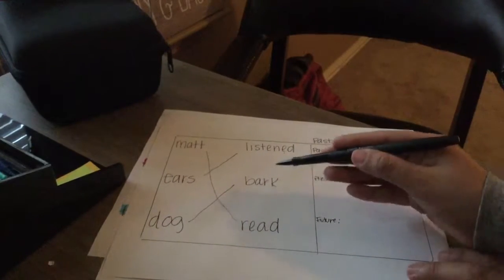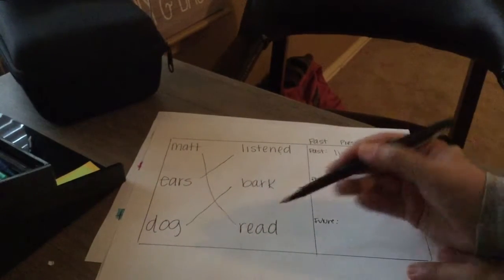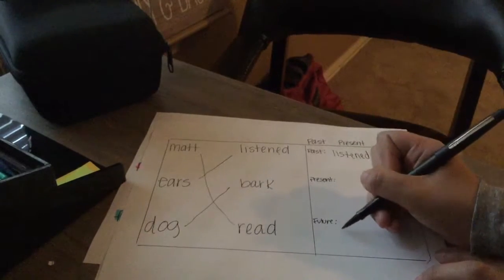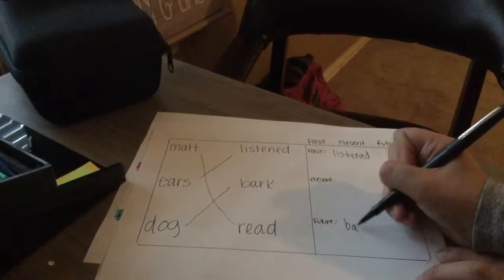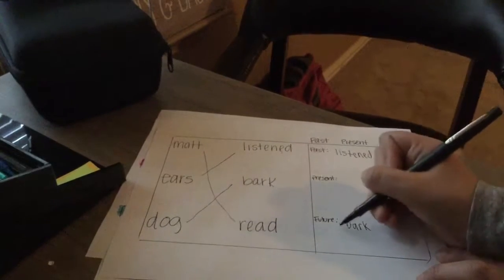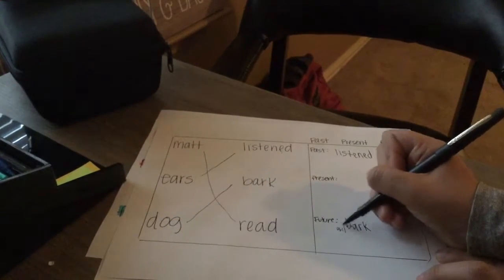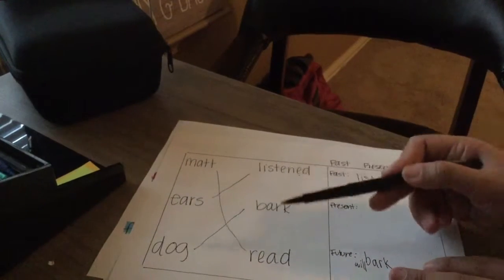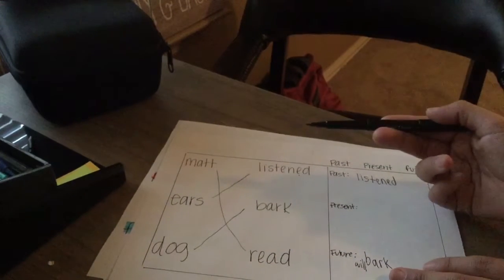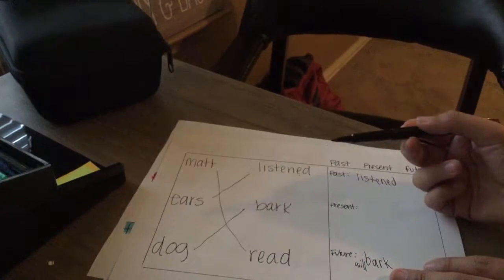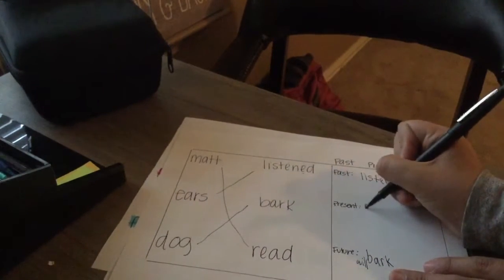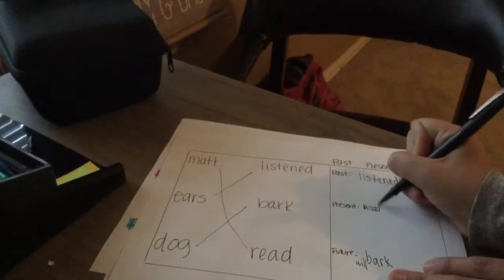The dog will bark. Great. It is future. The dog will bark. We can add will. Will bark. Now what about read? Matt read, I'm sorry. Present. Okay, read. You can say read or read.